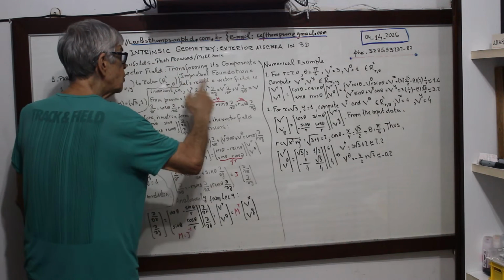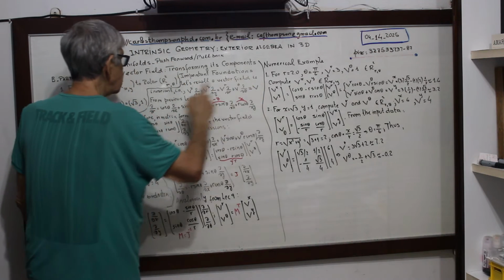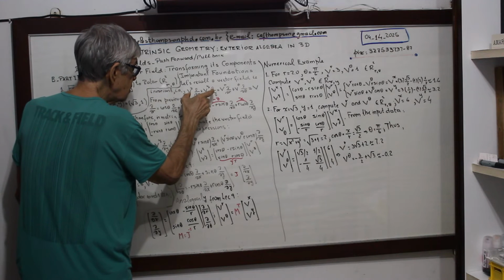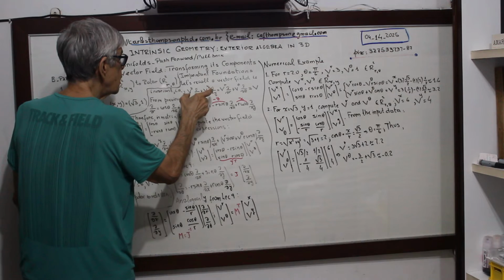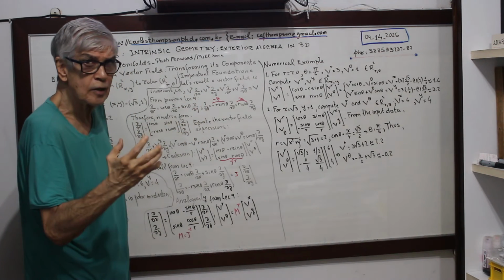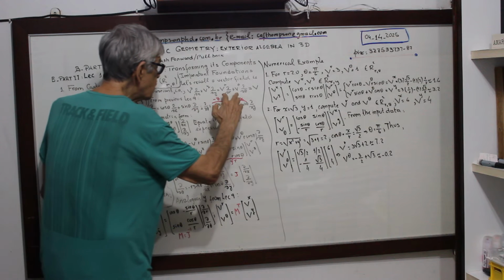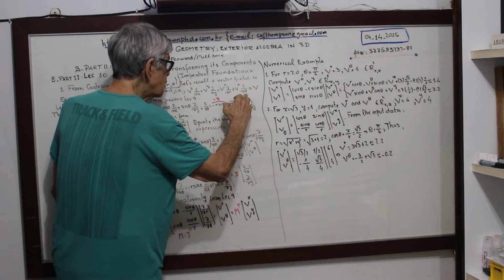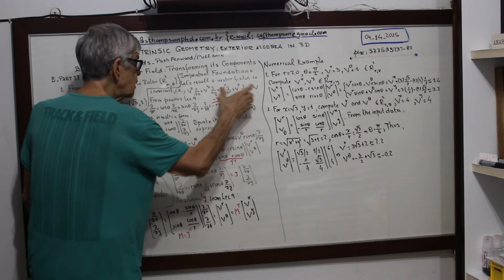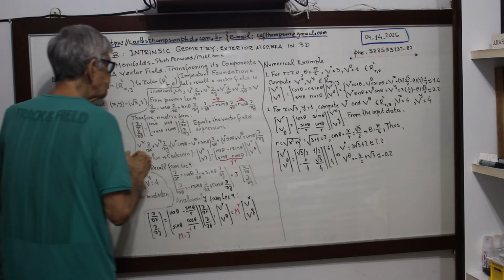Let's recall a vector field is invariant. See, this is the vector field V with respect to the Cartesian coordinates. This is a vector V with respect to the polar coordinate. It's the same vector, it is invariant.